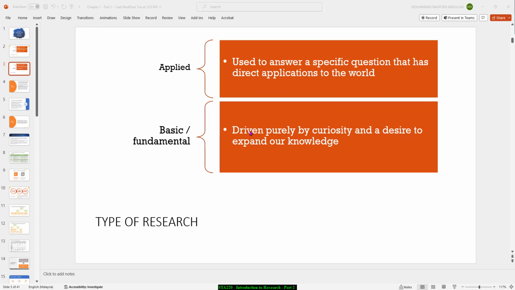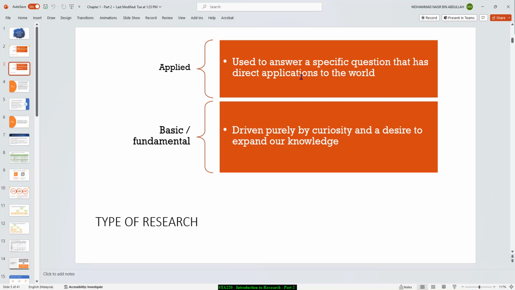So basic is driven purely by curiosity and the desire to expand our knowledge. As I said, we just want to identify the cause, we want to know what is the problem, right? So that's why it is driven purely by curiosity. We just want to know and desire to expand our knowledge.